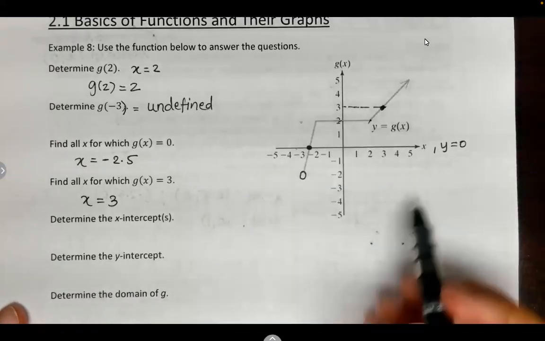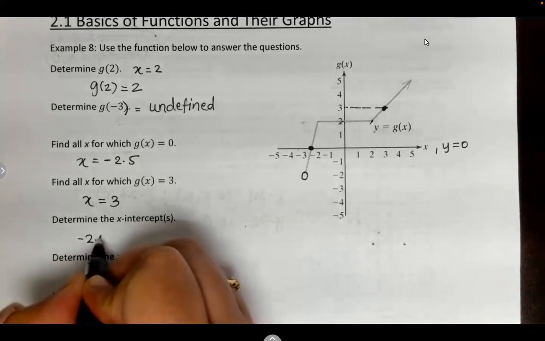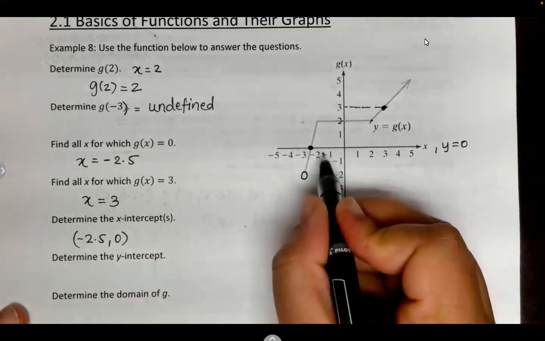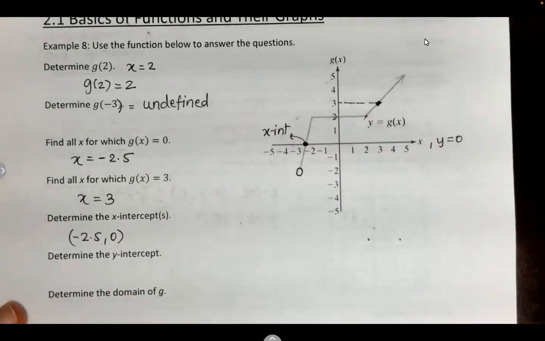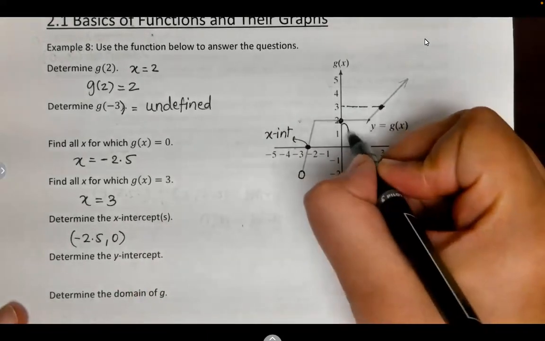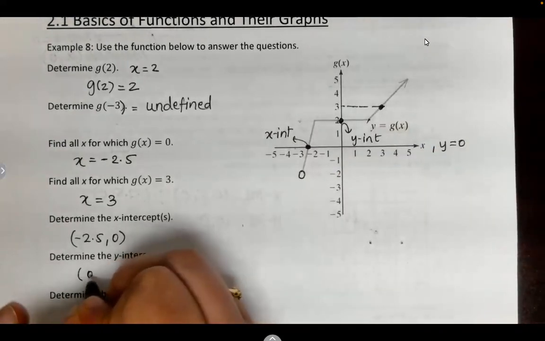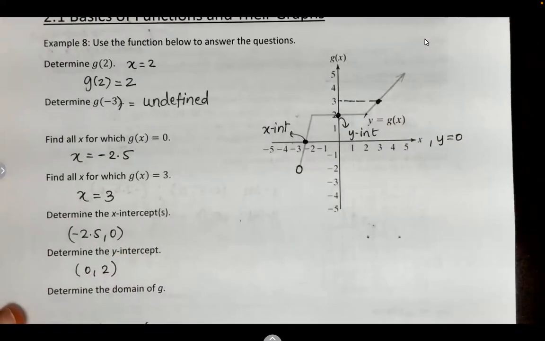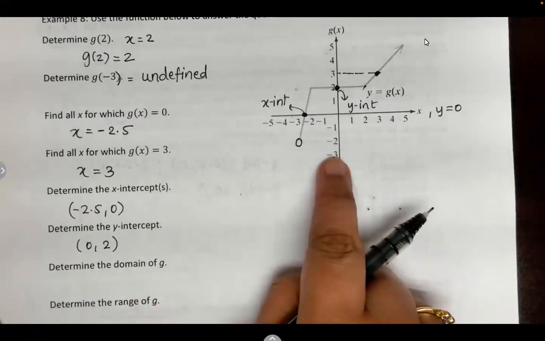The x-intercept of this graph is, of course, this one, -2.5, 0. This is also your x-intercept. And the y-intercept is that value, which is 0, 2. And we just recently discovered the domain and the range of this graph.